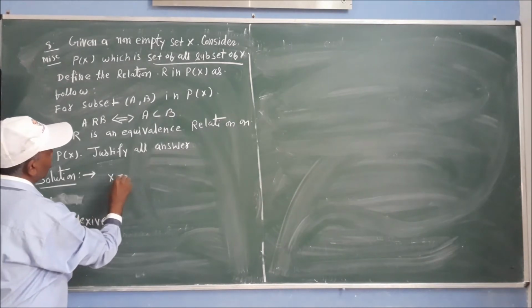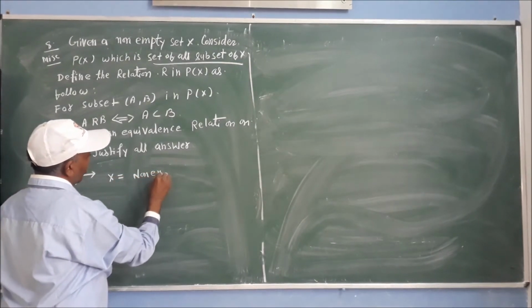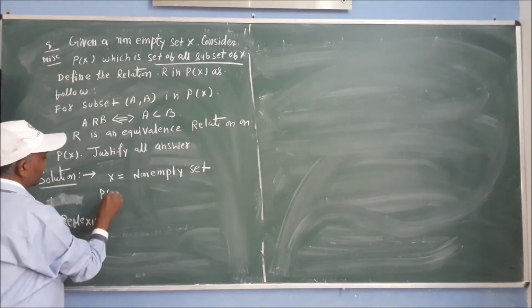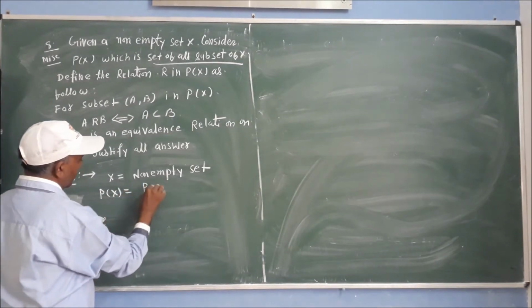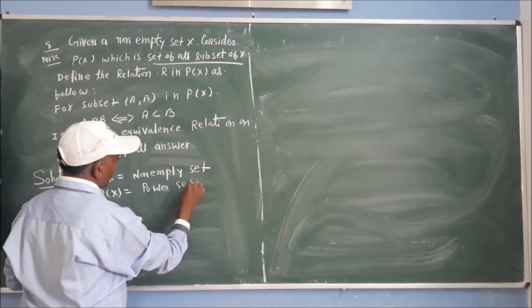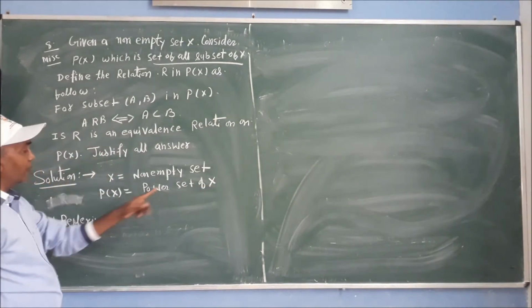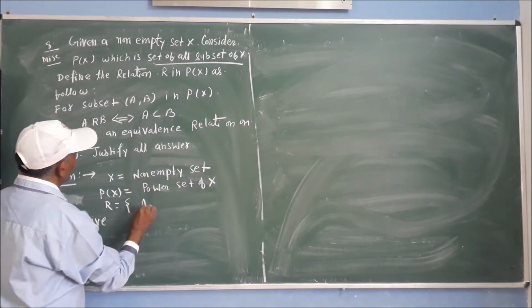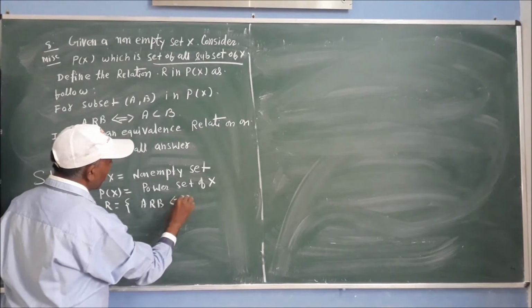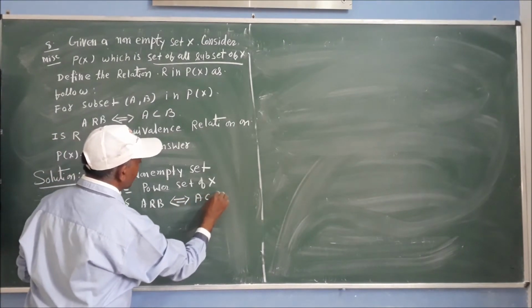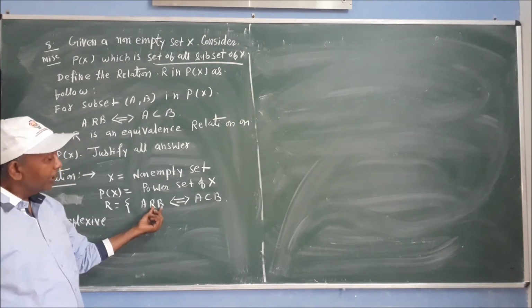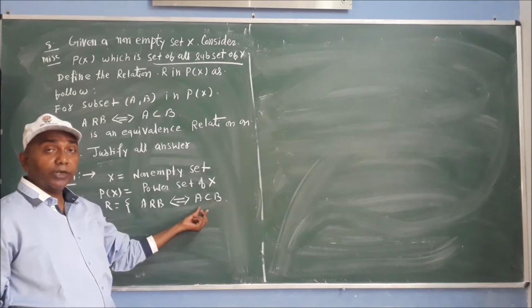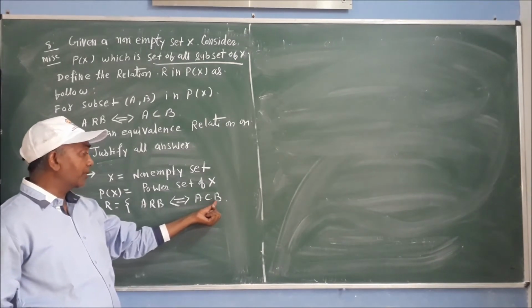X is a non-empty set, and Px is the power set of X, that means the set of all subsets of X, and R is a relation: A R B if and only if A is a subset of B. A R B can hold if all elements of A are present in B. What is its meaning? All elements of A are present in B.